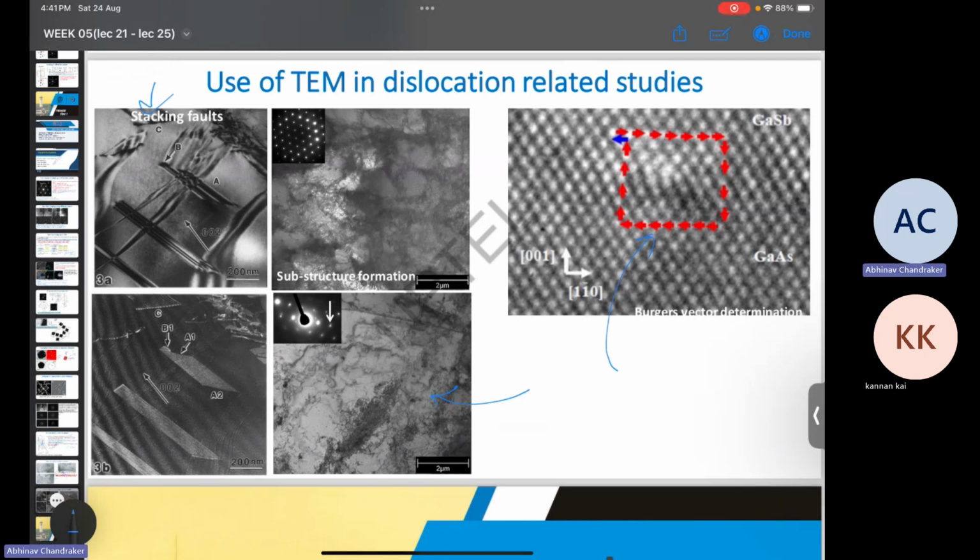And here also we can see that there is a small defect in the arrangement of the atoms, which is given by this blue line. So this corresponds to a dislocation having this Burgers vector.